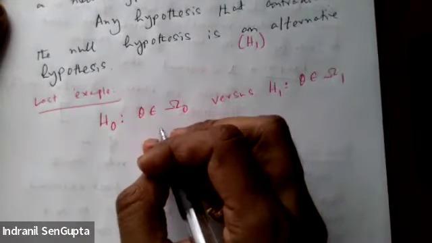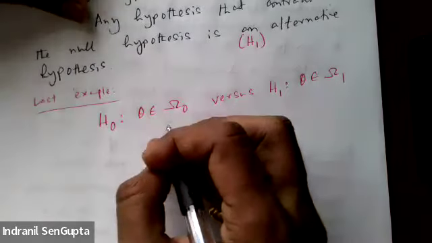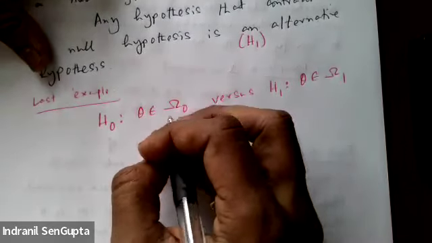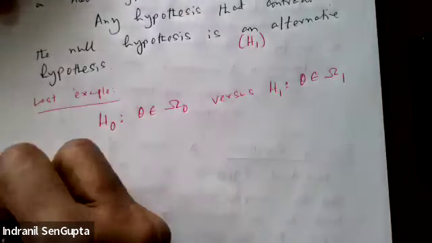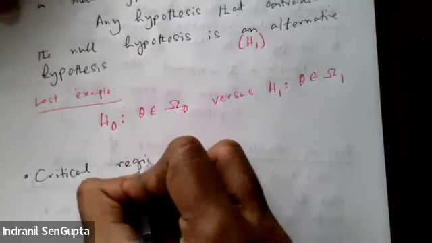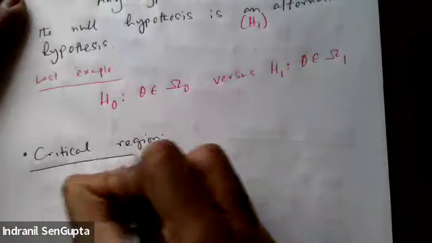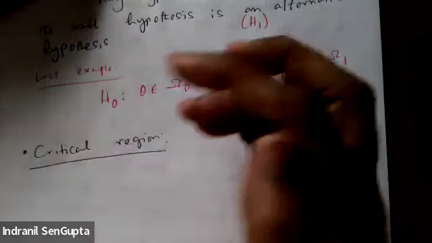All right. Now, let's define something called a critical region. All these things will make much more sense when later on we'll be doing some examples.